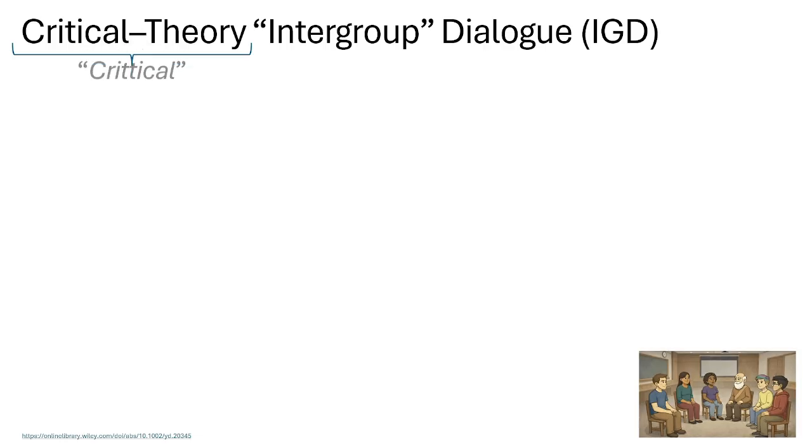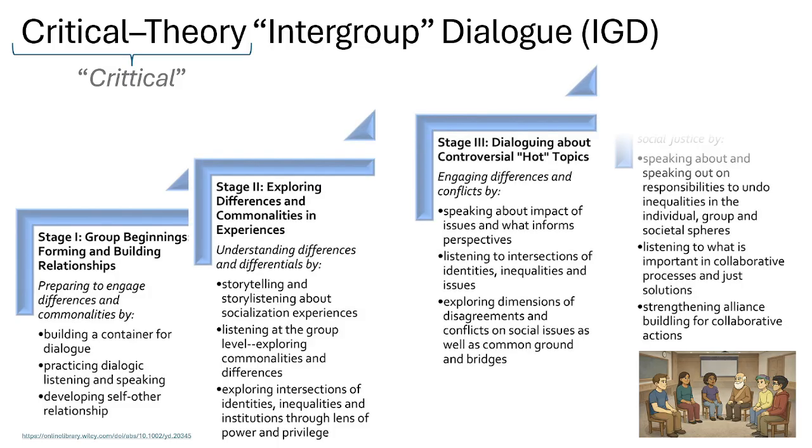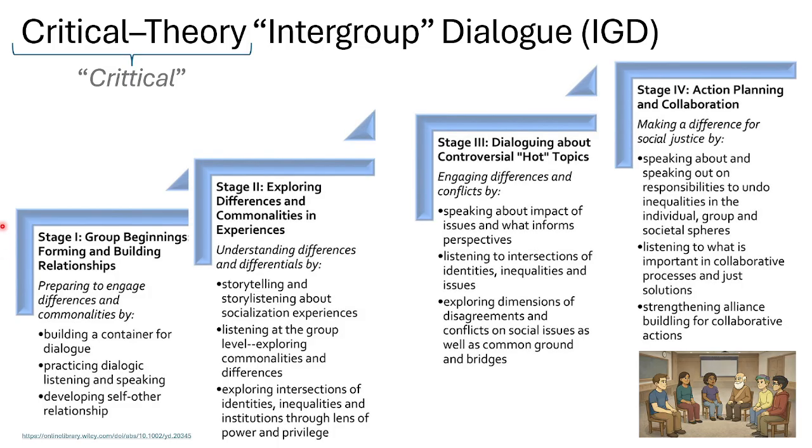Okay, so if we have intergroup dialogue, we have different stages of discussion. We have to be in a group, and really what we want to do at the beginning is get comfortable with each other. We're going to look for common ground and for differences that might be interesting and worth exploring.